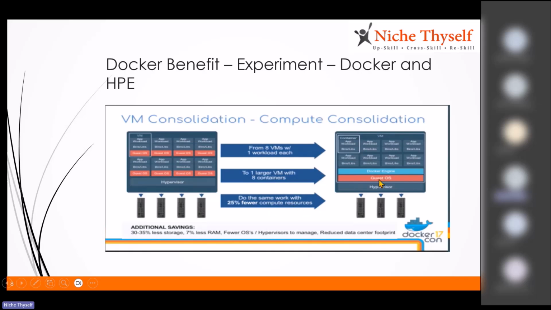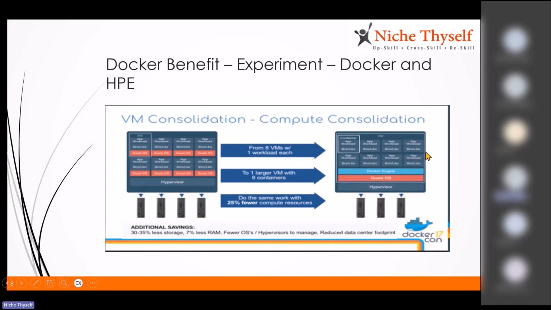So these are more efficient, saving 25% of resources, and there are some additional savings. What they claim: 30 to 35% less storage, 7% less RAM required, fewer OS and hypervisors to manage.